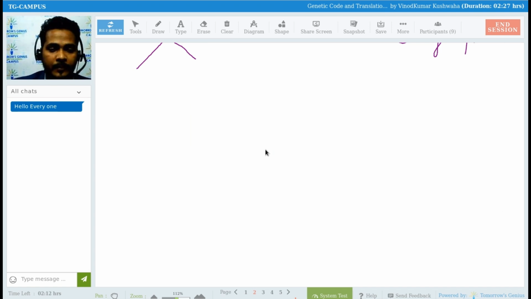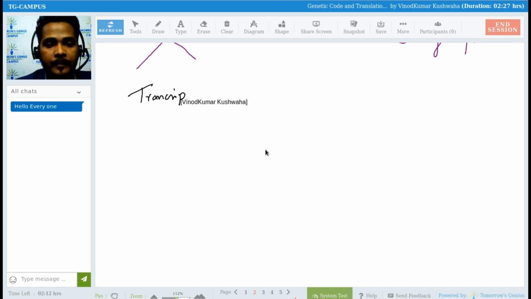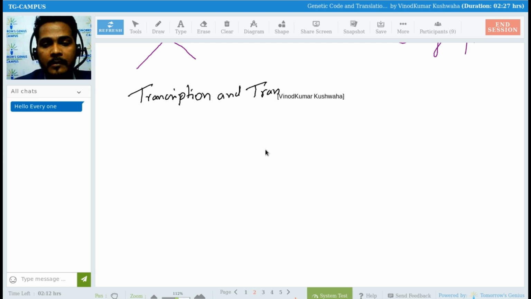Let's see what these two steps are. So the two steps: the one is transcription, and the other one is translation.